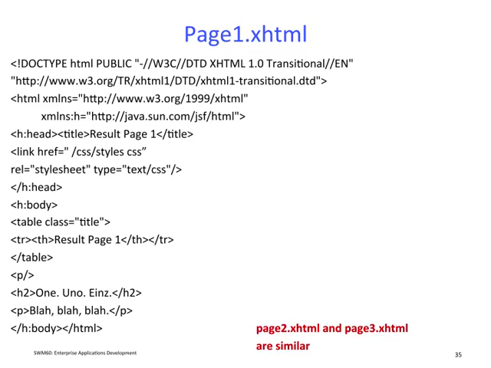So it will be shown as a table with a title, first row, result page 1, and close the table, and then put something in the next element, one line, blah blah blah, close the body. So pages 2 and 3 would be similar to this one. That just shows the structure of a basic facelet or JSF page.